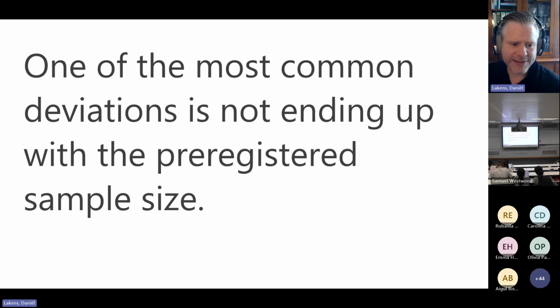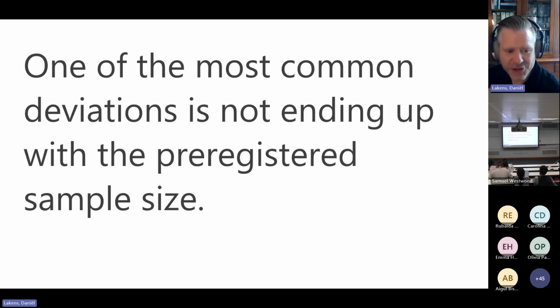If you look at the literature, there are often numbers saying the percentage of people who deviate from a pre-registration is very high. But then if you look at what actually happens, they have 2 more participants: instead of 304, they have 306. And you're like, oh, well, okay. That's not really such a bad thing.